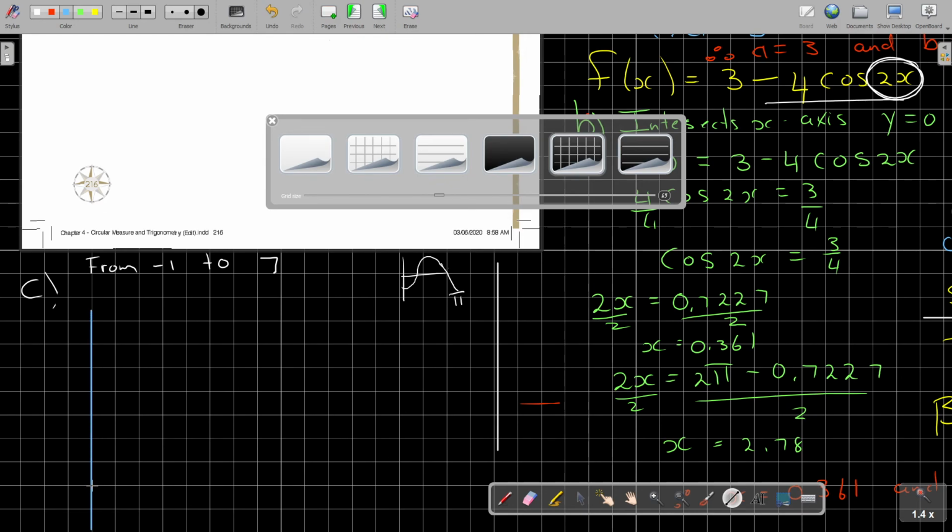Okay, and then I'm going to do this. I just know it's going to go like this. I can just go 1, 2, 3, 4, and make that pi over 2. 1, 2, 3, 4, so this is going to be pi over 2, and then this is just going to be pi.